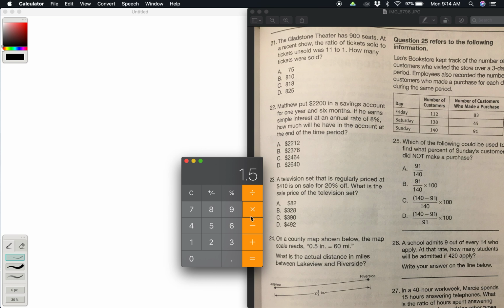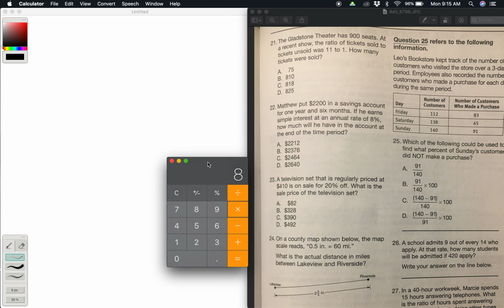Interest rate 8%. It said times rate, but I went ahead and did times time first. But let's see if this will work out.